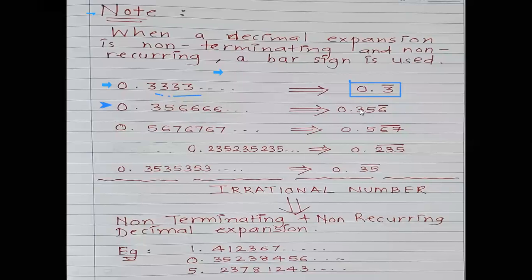So, I can say that it can be written as 0.35 followed by 6 with a bar. Since the number 6 is the one that is getting repeated, the bar is on the number 6. So 0.356666 can be written as 0.35 and the bar on 6. Let us take the next example.